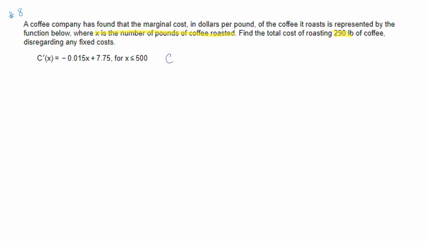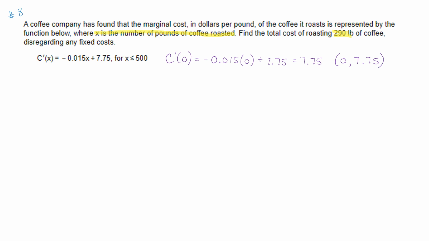So that would mean that X would be 0, and we just plug it in. And that gives us 7.75. And since we're doing these graphically, I'm going to go ahead and write that the ordered pair is 0 for X and 7.75 for Y.